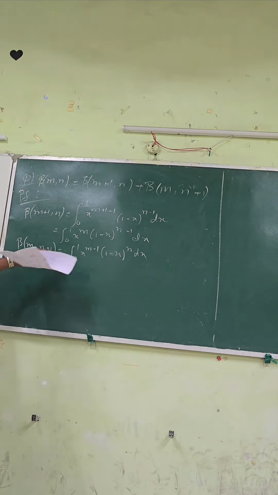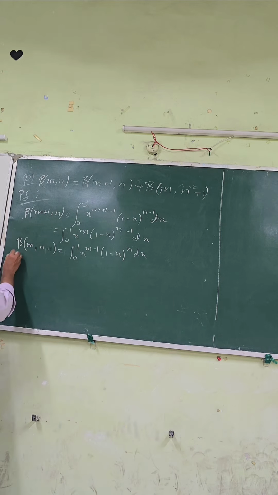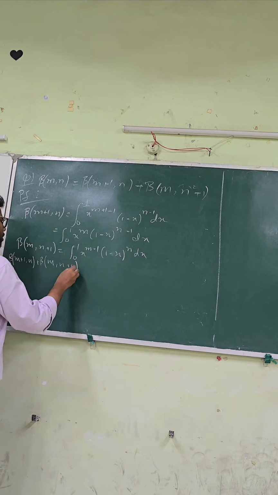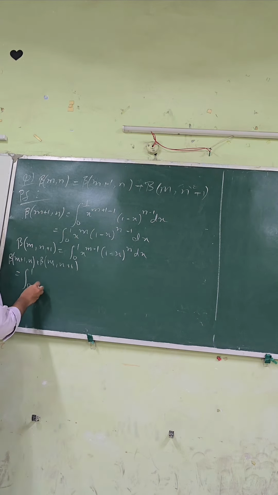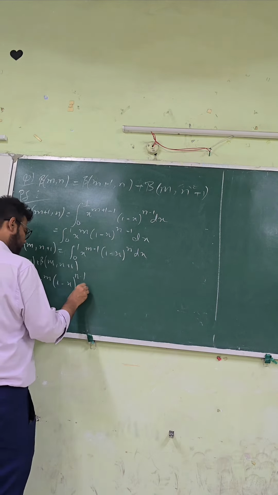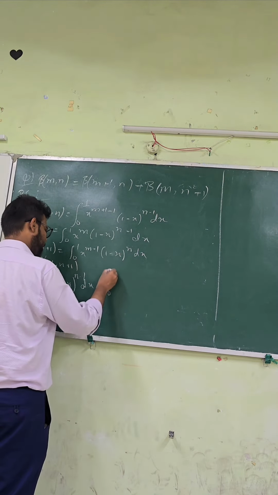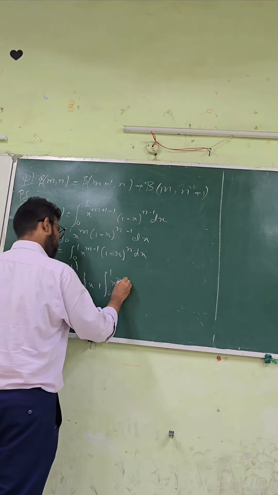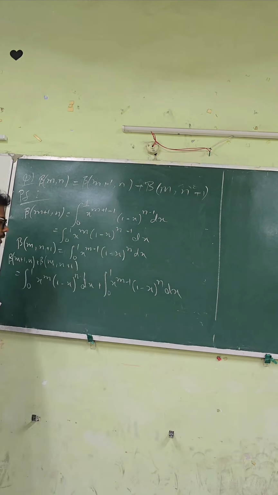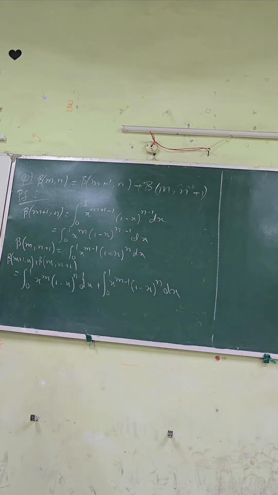Now you just add these two things: beta of m plus 1 comma n plus beta of m comma n plus 1. You get integral 0 to 1 x to the power m, 1 minus x to the power n minus 1 dx plus this other quantity dx. Now let's see what we get after adding.